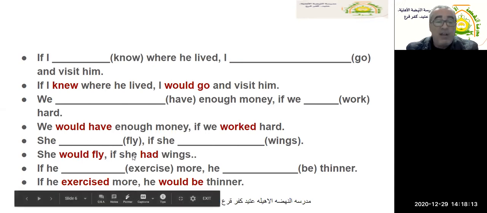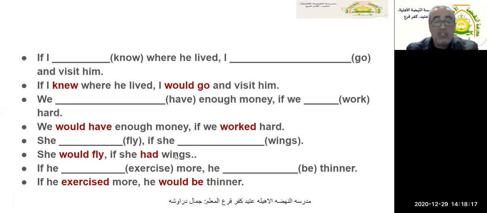She would fly if she had wings. What does that mean? It means that she doesn't have wings and she will not have wings. It's impossible for her to have wings. And it means that she would not fly at all. But we are only imagining a situation in which she would have wings.